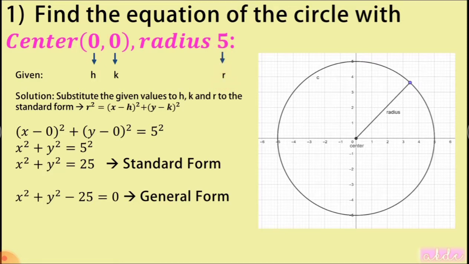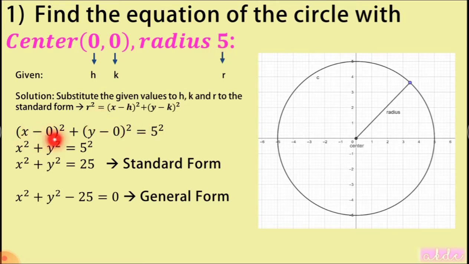So substitute the given values to h, k and r to the standard form, which is the quantity x minus h squared plus the quantity y minus k squared equals r squared, wherein h is 0, k is 0 and r is 5. So in short, we have the quantity x minus 0 squared because h is 0 plus the quantity y minus 0 because k is 0 equals 5 squared since r is 5.